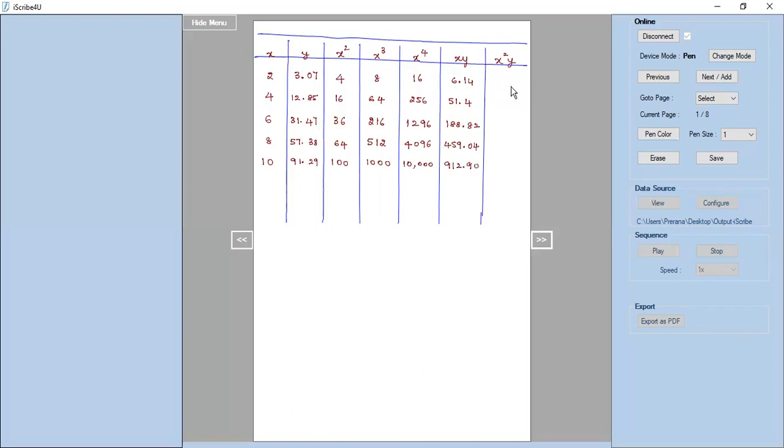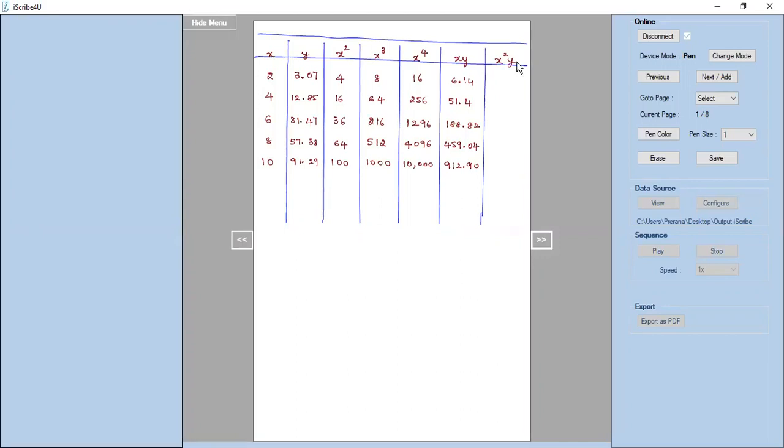Similarly, x square y column. So x square we have already done, multiplied by y. So like that we can perform using calculator. We'll be able to get, I just missed out some of the values if I'm not wrong. Yeah, nothing. We'll continue x square y column.